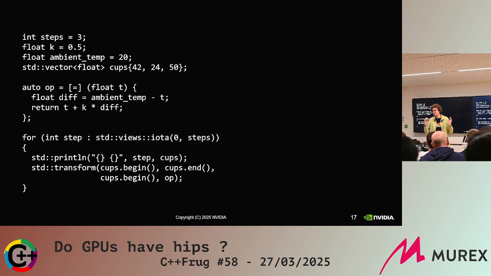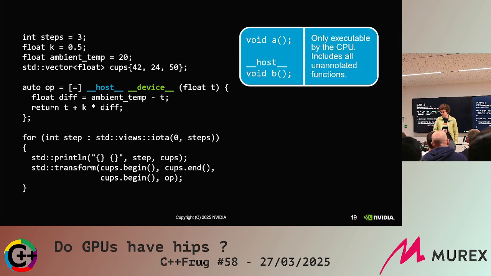But how does NVCC know what target a particular function should be compiled for? Well, that's what execution space annotations are for. So if you don't provide an execution space annotation, then the function will only be compiled for host code. That means the CPU. You can also explicitly request this with the host annotation.